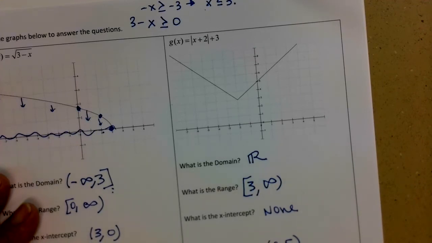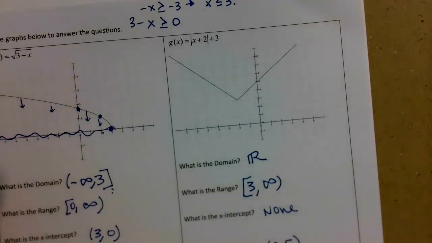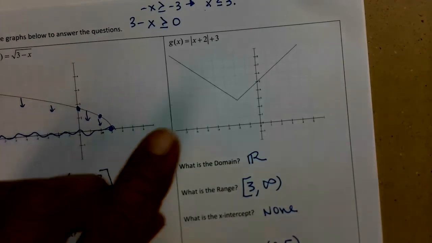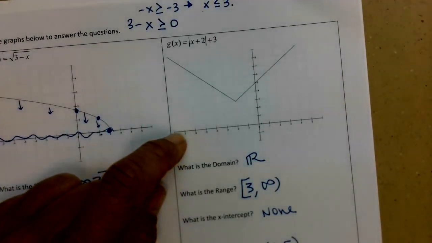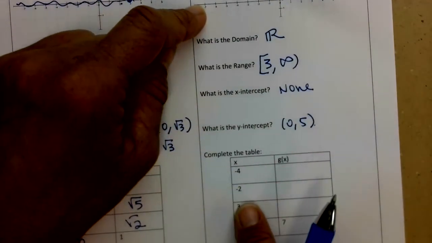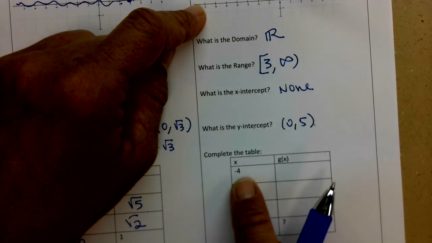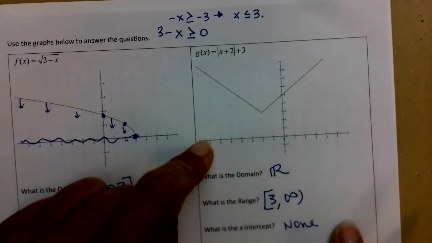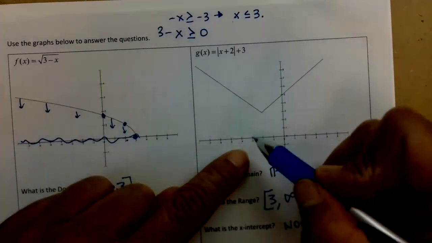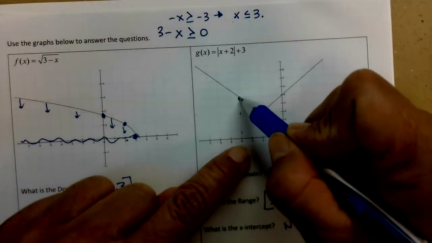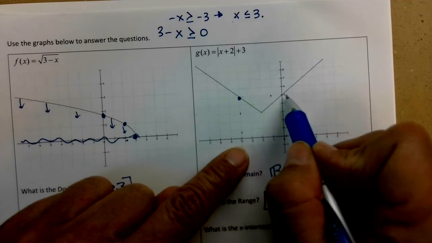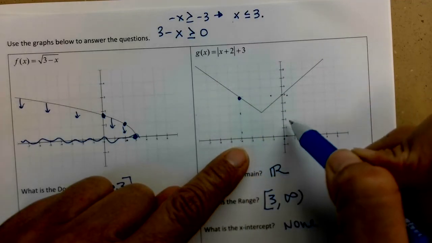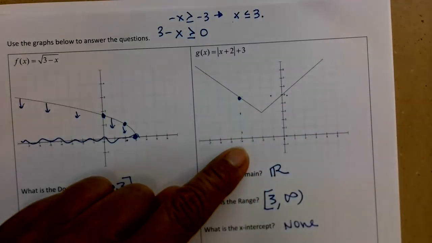Okay, one more time, let's complete our table. And I might actually just use the graph this time. So if x is negative 4, so right, x is negative 4, what is the y value? So I go up on my graph, I find where x is negative 4, and I'm going to go up, and I'm going to read off that y value, 5.